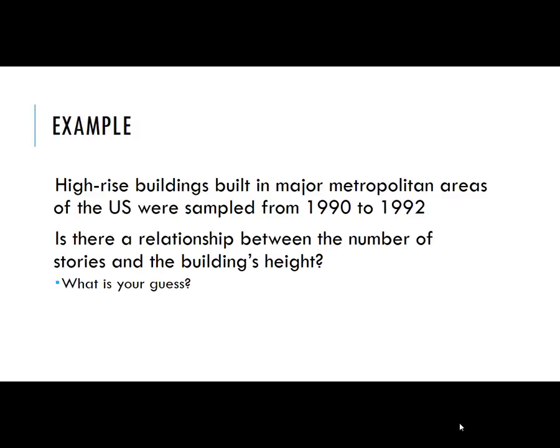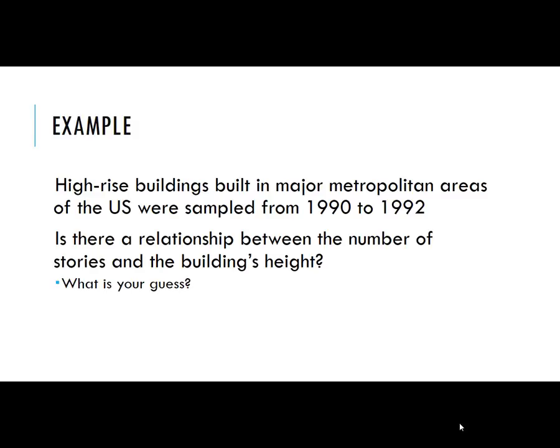Hopefully it seems somewhat intuitive that the more stories a building has, the taller it is. So we would think there's probably a positive relationship between the number of stories and the building's height. And if you start to think about it, a story in a building is a pretty standard height of about 10 feet.